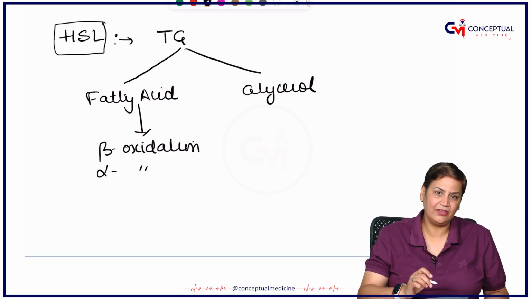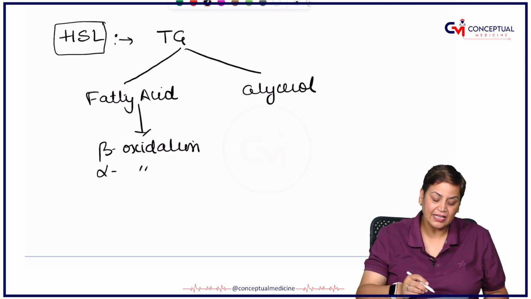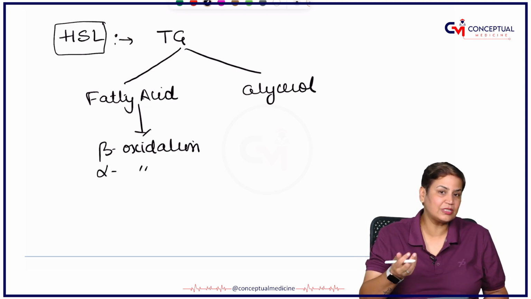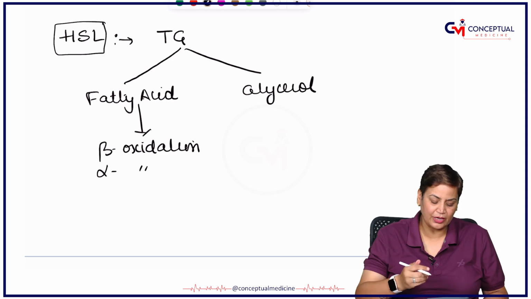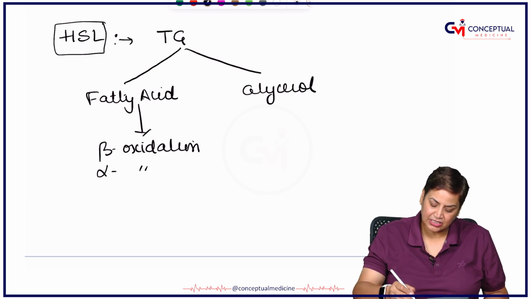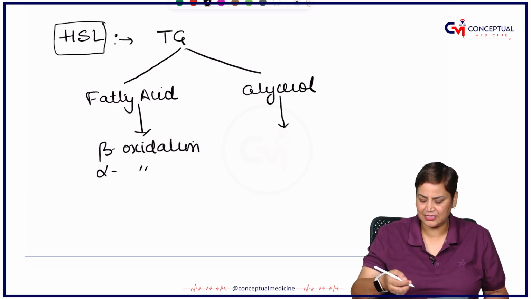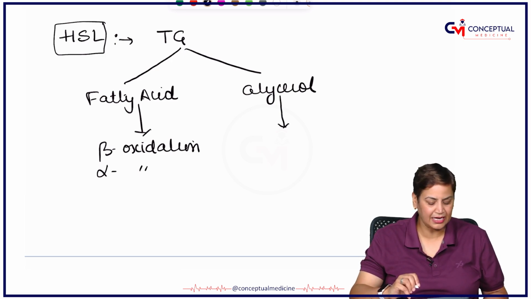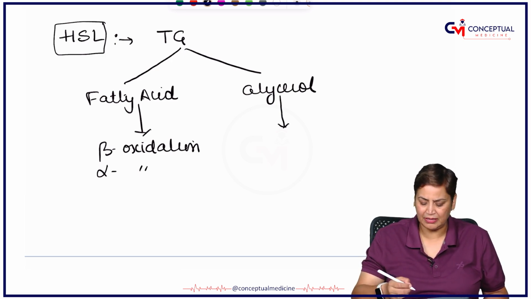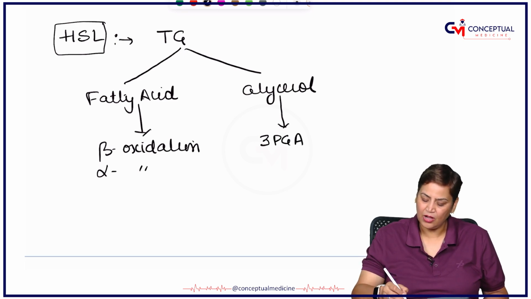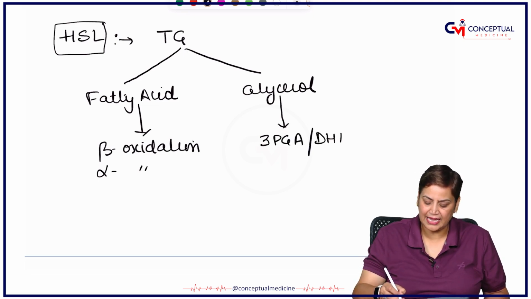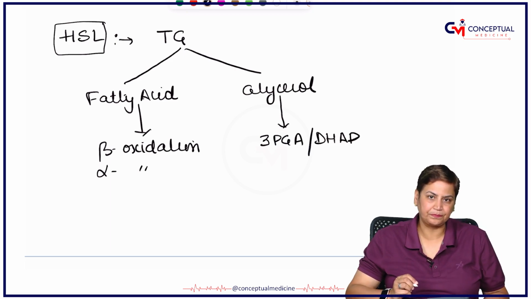So HSL will always degrade triglycerides because they are the esters of fatty acid and glycerol. And since I told you glycerokinase is absent in the adipose tissue, glycerol will undergo formation of 3-phosphoglycerolaldehyde, or it can form dihydroxyacetone phosphate.